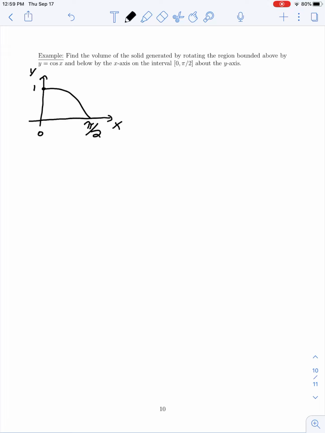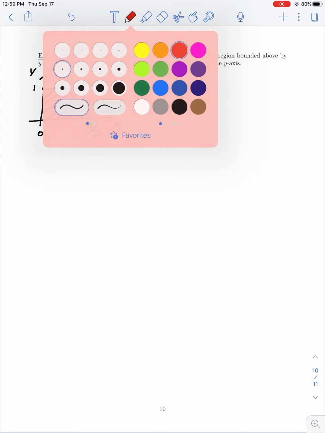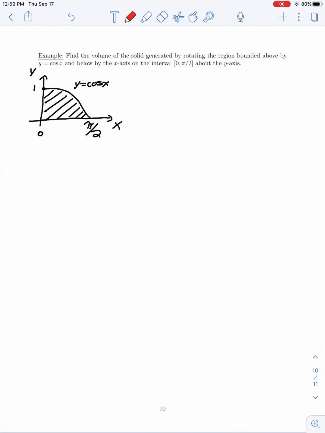So we want the region bounded above by this cosine x curve, below by the x-axis on this interval from 0 to pi over 2. So this is our shaded region of interest, and we're supposed to take this region and revolve about the y-axis.